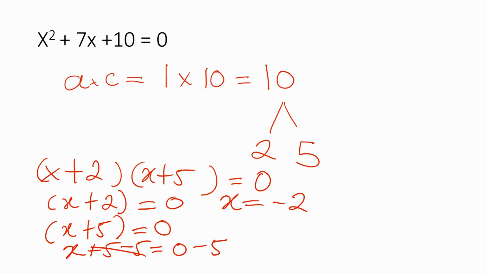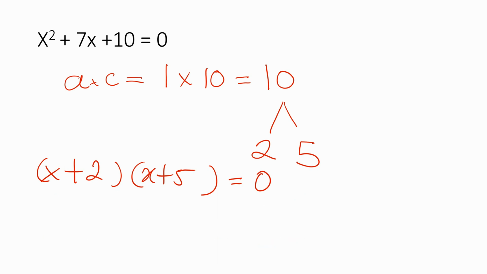So positive 5 minus 5 cancels out, and then we've got x equals minus 5. So for this particular question, using the quadratic function, we find that x is equal to minus 2 or x is equal to minus 5.